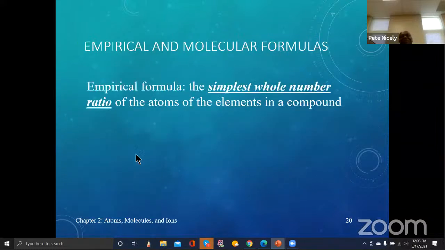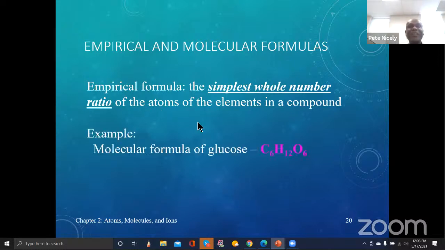Empirical and molecular formulas. Again, this is something you should have known from before. The empirical formula for a substance is the simplest whole number ratio of the atoms of the elements in a compound. The molecular formula gives you the actual number of atoms of each element present per molecule.